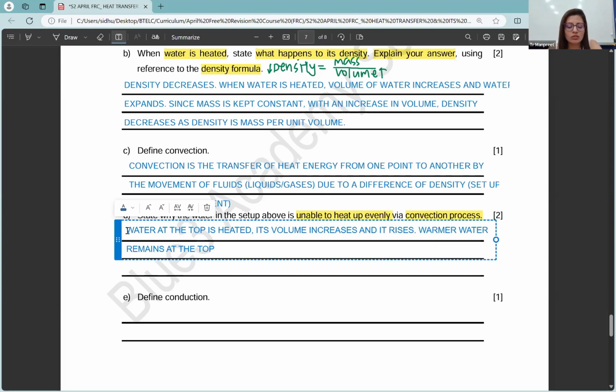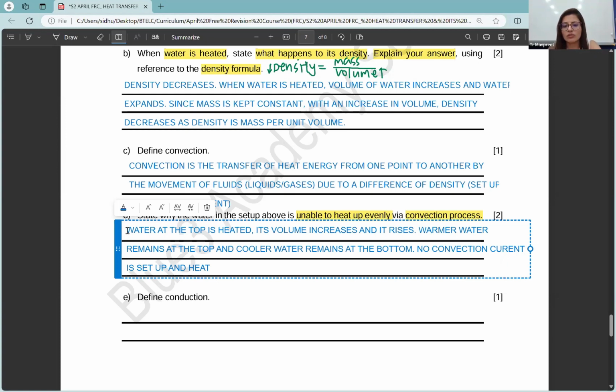It does not sink. And the cooler water remains at the bottom. So as a result, no convection current is set up, and the water is not heated up evenly. So you have two aspects, the warmer and the cooler liquid.